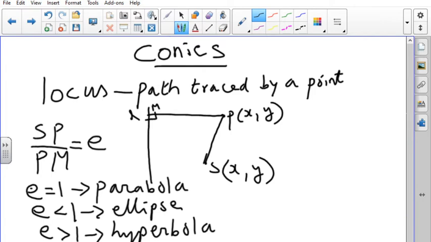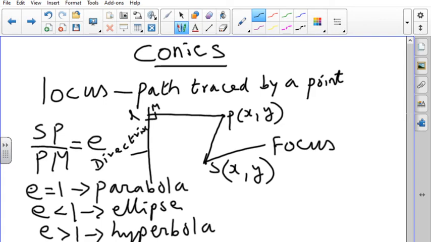Now we will see the general equation of a conic. Here also you remember this. This fixed point is called the focus, and this fixed line is called the directrix.